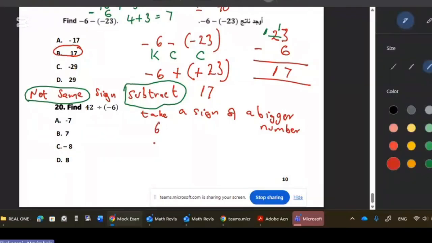You can say 6. What is 6 plus 6? 12. If you add another 6 here, what do you get? 18. If you add another 6, 24.